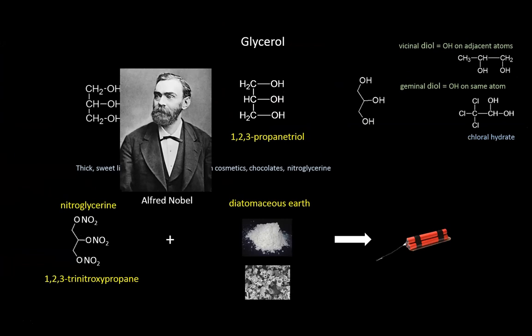It was packed into sticks like this, which you may recognize as dynamite. In this way, nitroglycerin remains safe until it is detonated. Nobel made his fortune from dynamite, and his money funds all the highly valued Nobel Prizes.